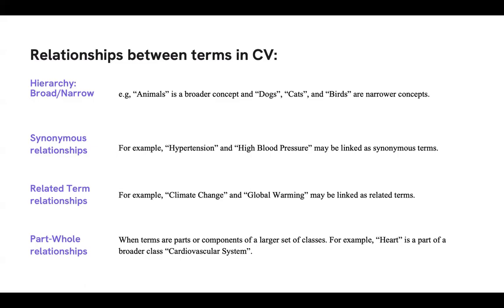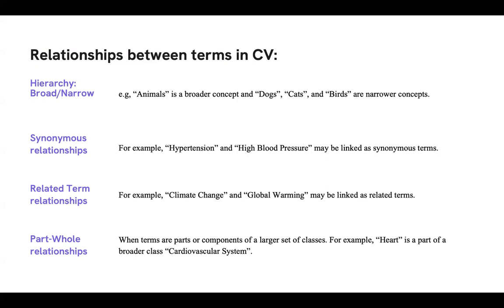We also have related term. Here, the difference from synonymous is that one can replace another, whereas for related term, not necessarily one replacing another. They may have components. So climate change is a part of global warming, but is it the only reason for global warming? This may not be true.